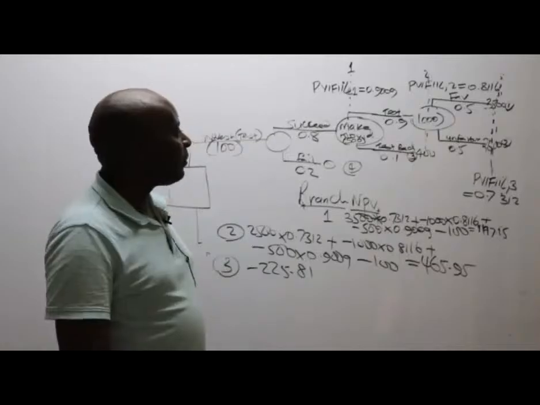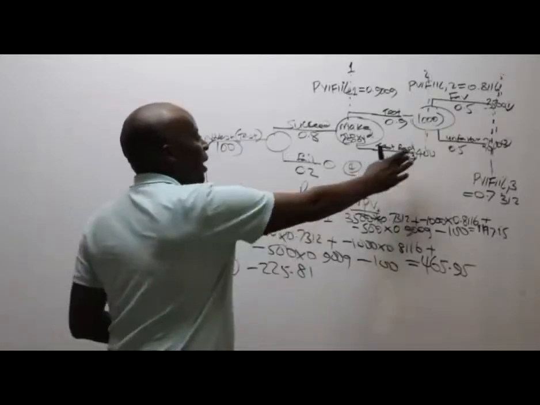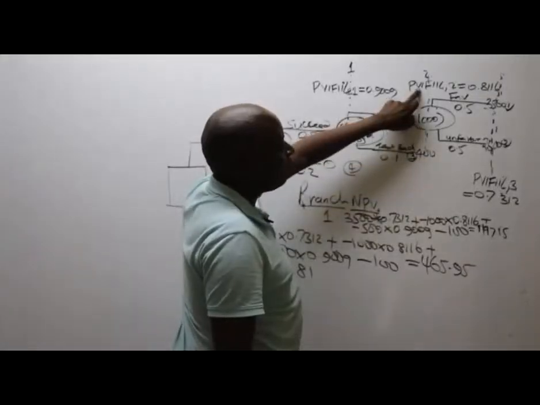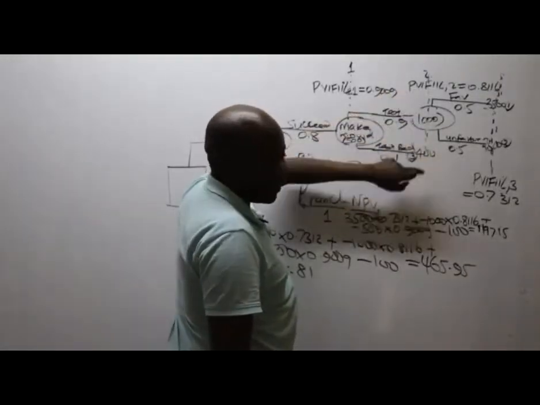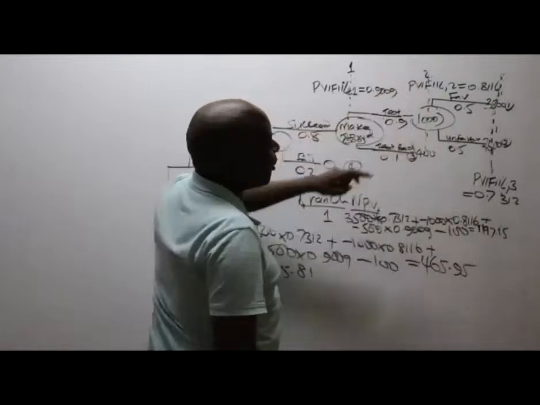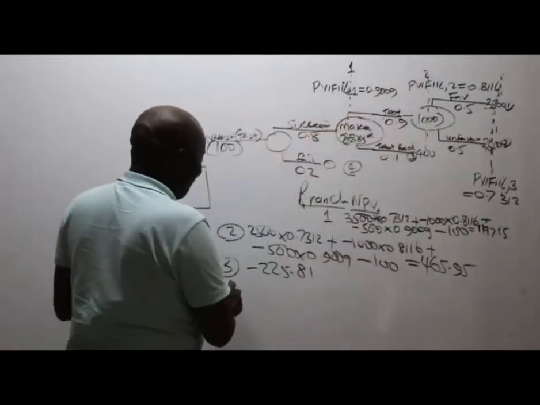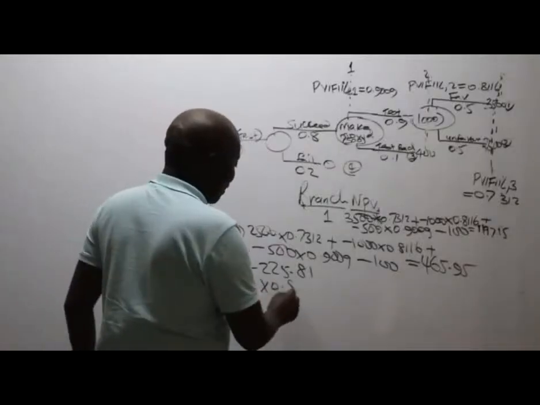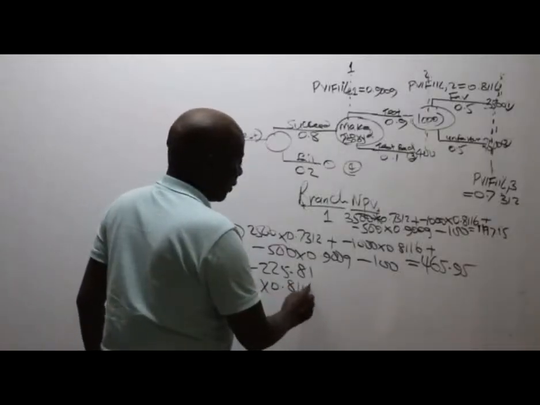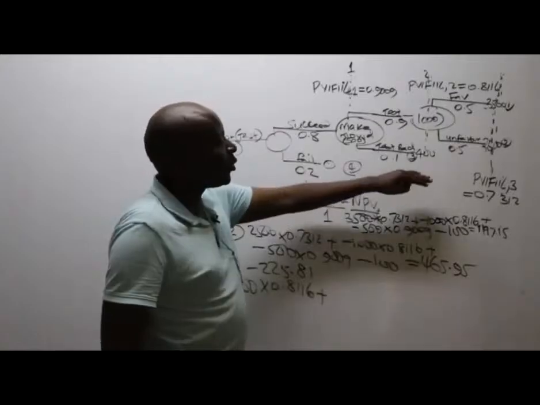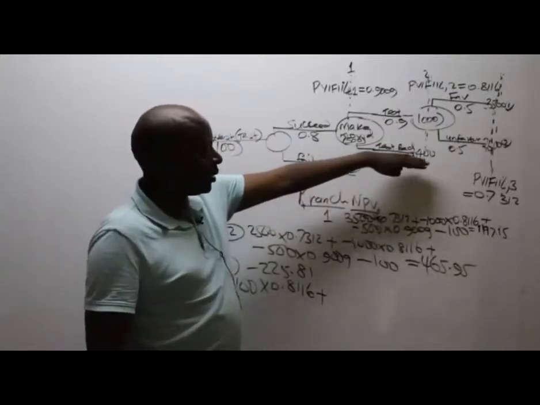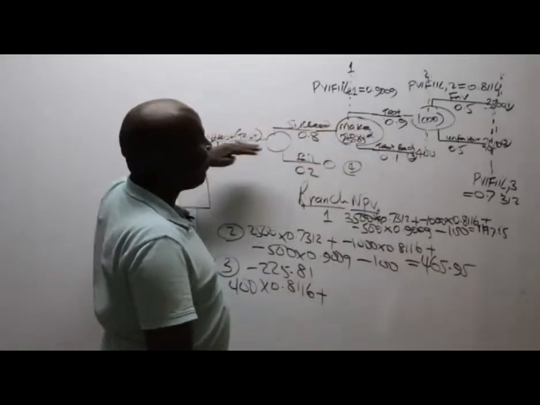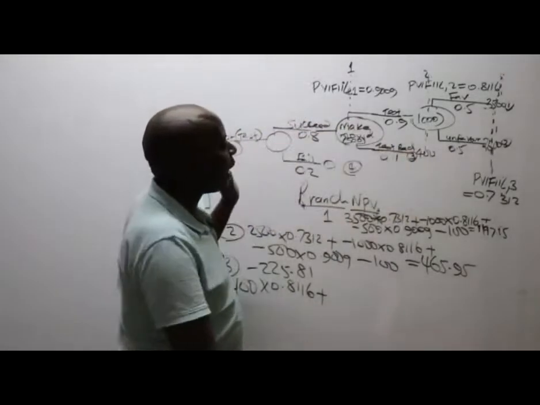So for branch number 3, where is branch number 3? It is here. Branch number 3, I can see the first figure is 400, whose discounting factor is up here for year 2. So we have 400, it's positive, remember, 400 times the discounting factor, which is 0.8116, plus, so long as you see yourself as a Subaru person, this is the road, you'll be able to see your cash flows, 3 of them.